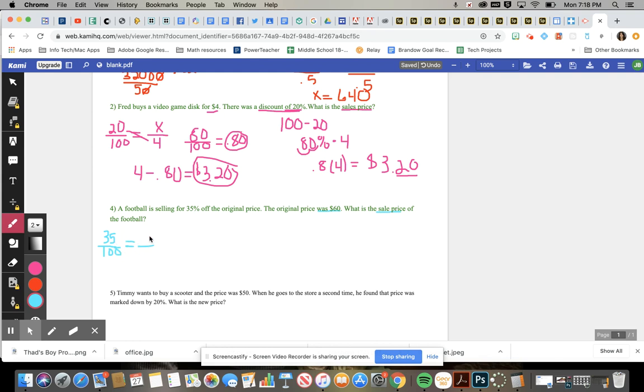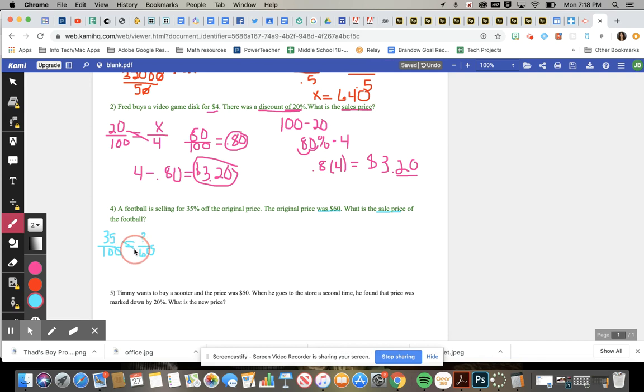Remember, part over whole. Well, the original price is the larger number because this is selling at a discount, so that would be less. So 60 would be my whole, $60, and we're trying to find this sale price.